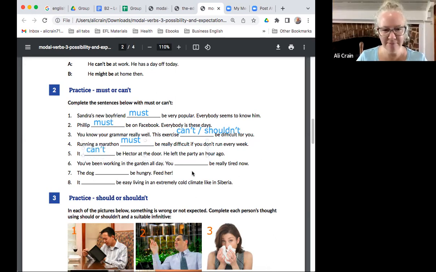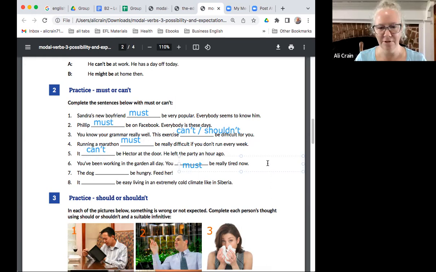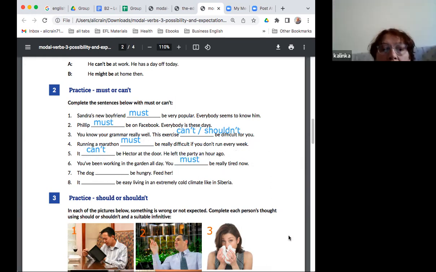Okay, good. And Katya, number 6. You've been working in the garden all day. You must be really tired now. Good. Kalinka, number 7. The dog must be hungry. Feed her.